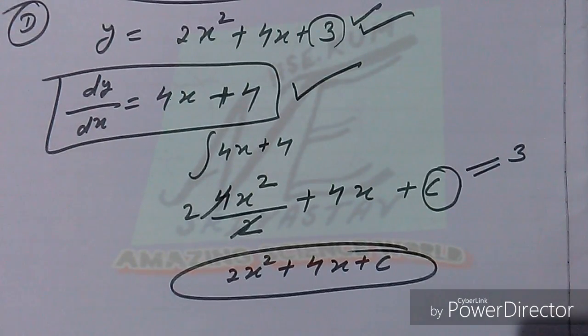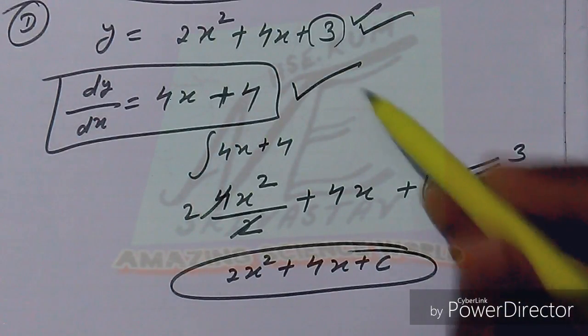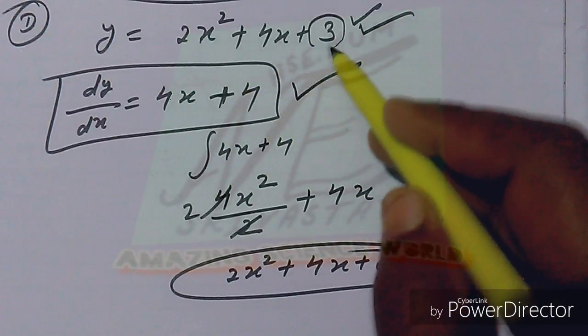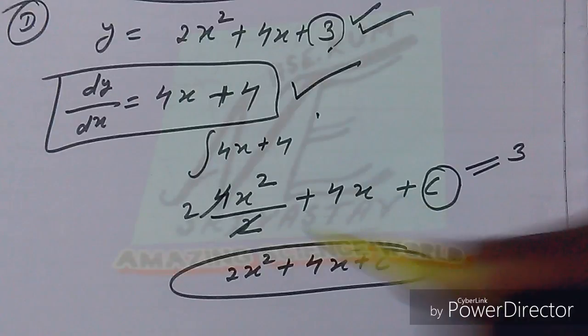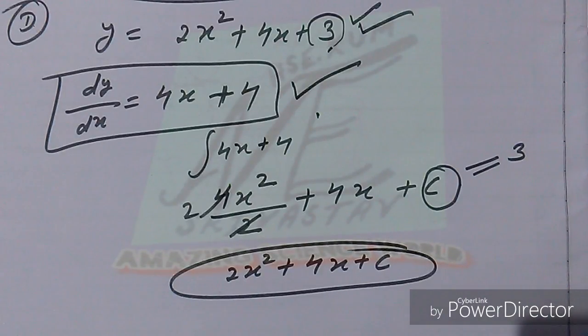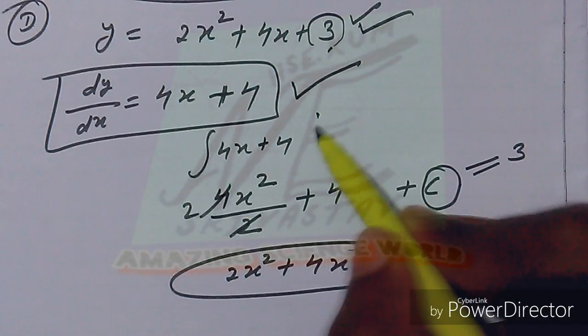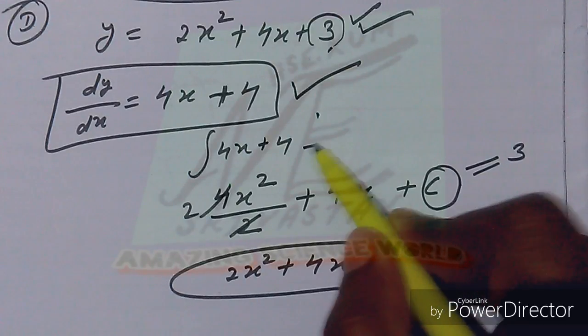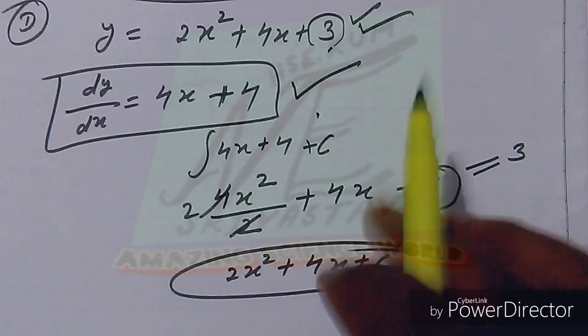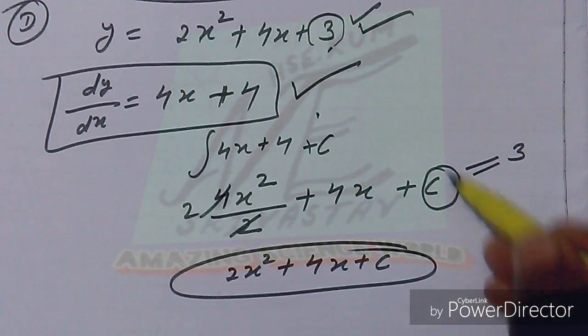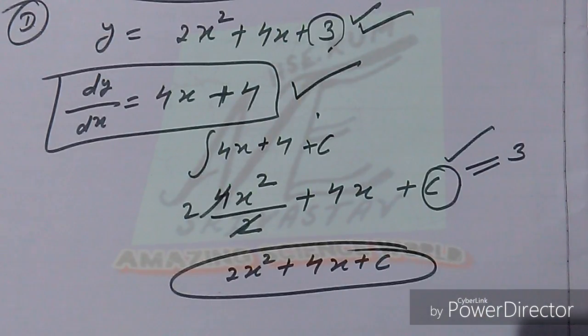But in the integration we can't find this 3, because in the derivation the constant became 0. So in integration we can't know whether a constant is there or not in the equation.